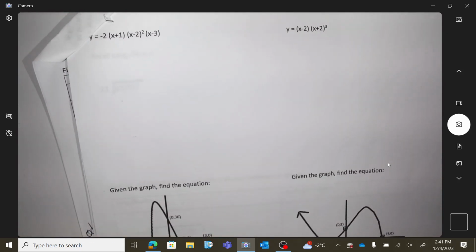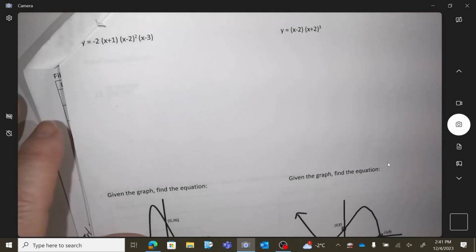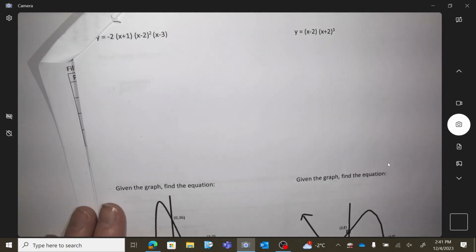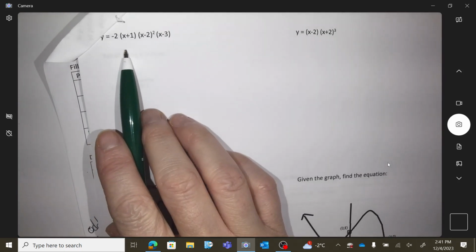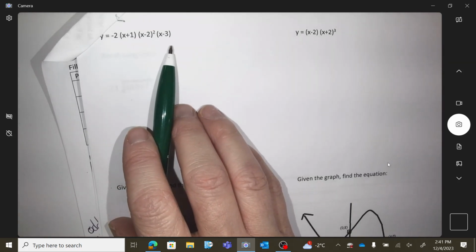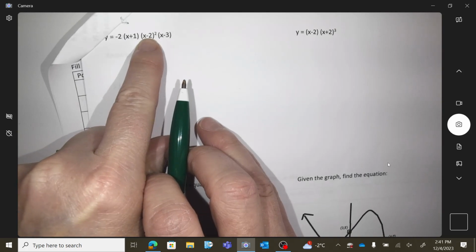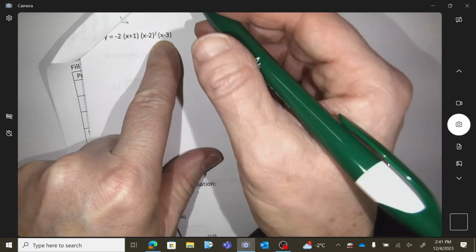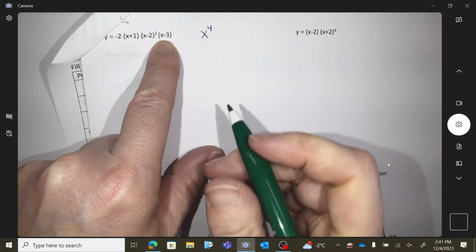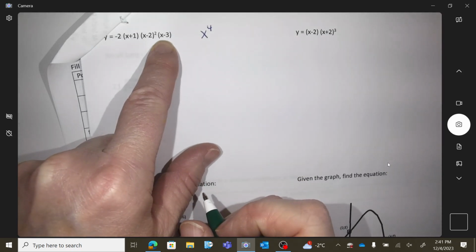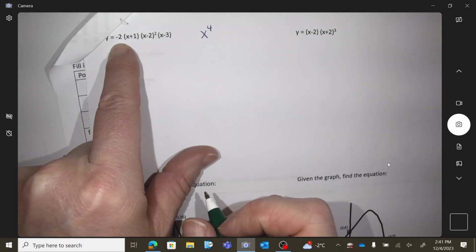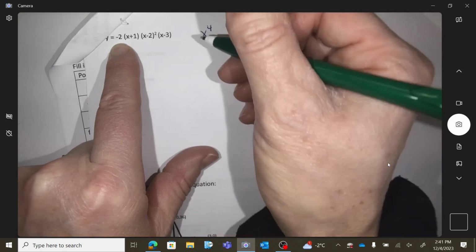So this one we're going to do. Okay, so how many x's get multiplied here? 1, 2, 3, 4. But there's a negative 2 in the front of all these getting multiplied.